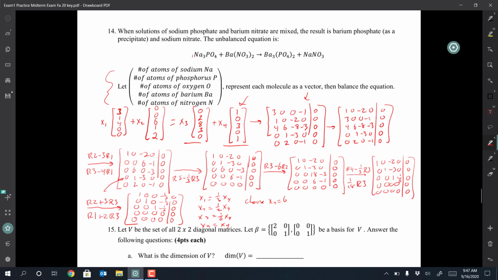So if x4 is 6, x1 is 2, I'll need 2 of the first molecule. If x4 is 6, x2 is going to be 3. I'll need 3 of the next molecule.